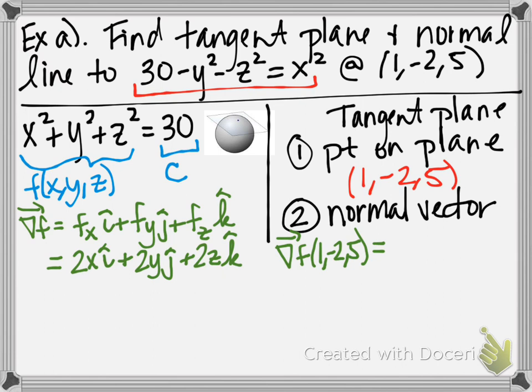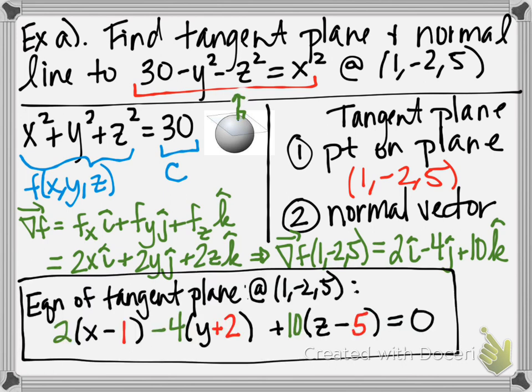And in terms of the picture, that gets me this normal vector here that's perpendicular to my plane. Okay, so now we have the point on the plane, we have a normal vector, and so now we can come up with the equation for the plane. And this is the equation of the tangent plane.